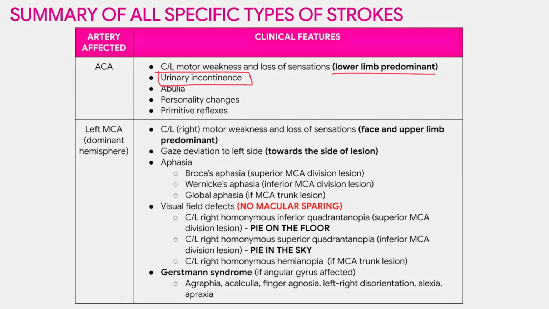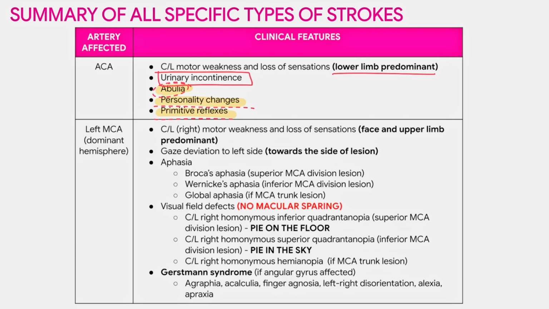There'll be abulia, the patient just doesn't have the will or interest to start a movement. Then important personality changes and primitive reflexes. The way I remember it is primitive reflexes are one of the first reflexes which you get. So F for first reflexes and F for frontal lobe. So these are important: abulia, personality changes, and primitive reflexes.